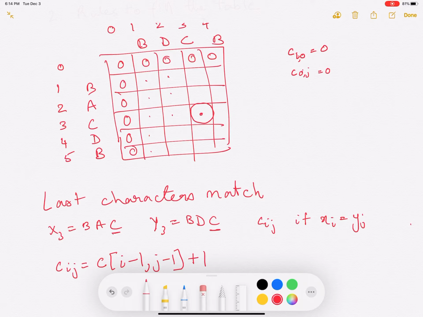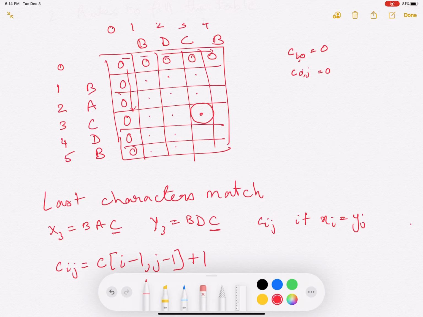Everything before it has been filled. We either move across the row or across the column, so most of these positions would have been filled.